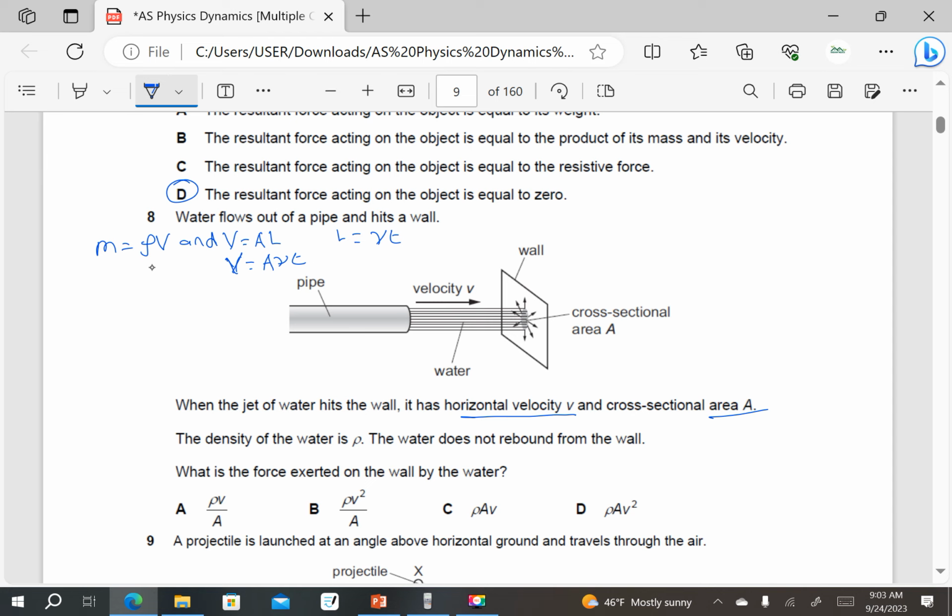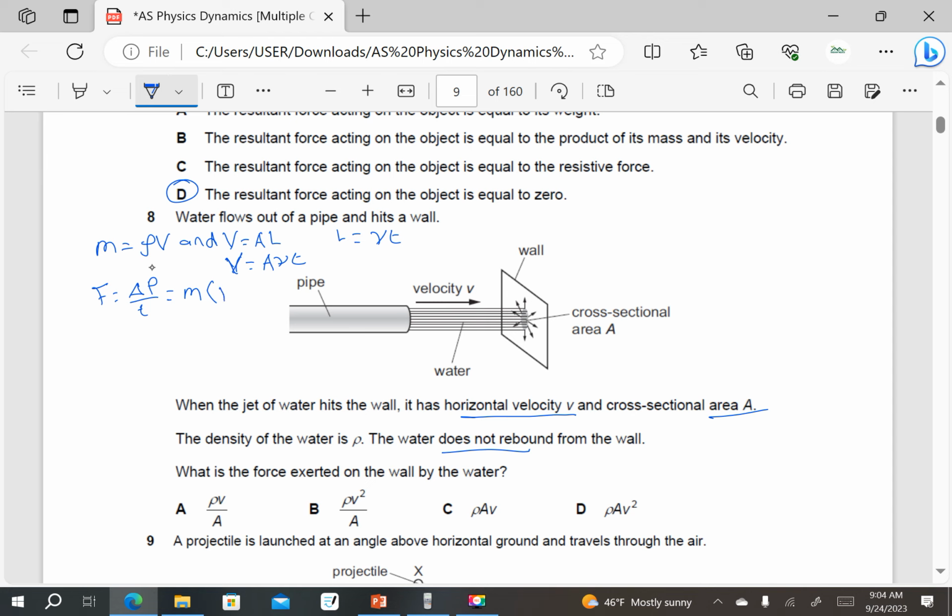We also know that force is the rate of change of momentum, which is going to be mass times change in velocity. When the jet of water hits the wall, it has horizontal velocity v and cross-section area A. The water does not rebound, so final velocity is 0.